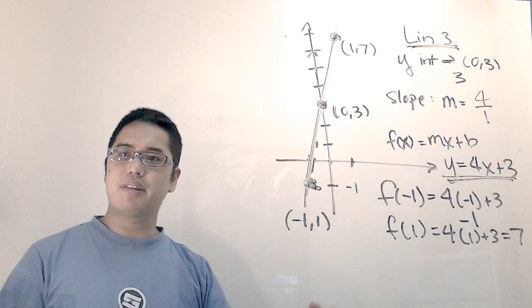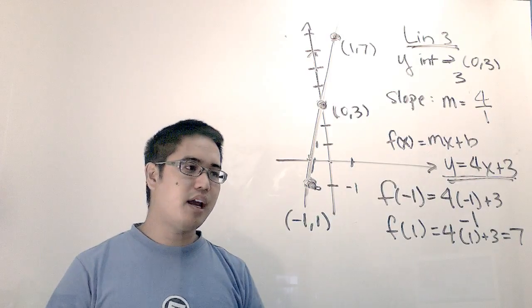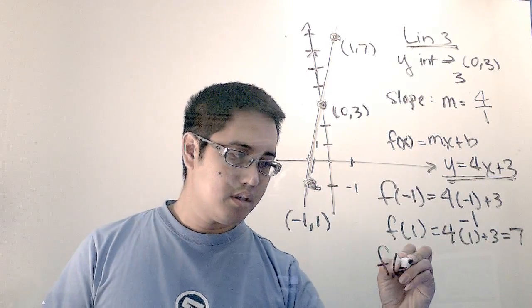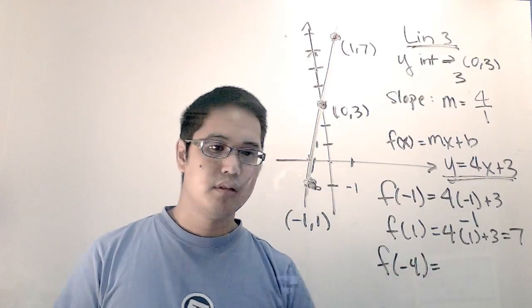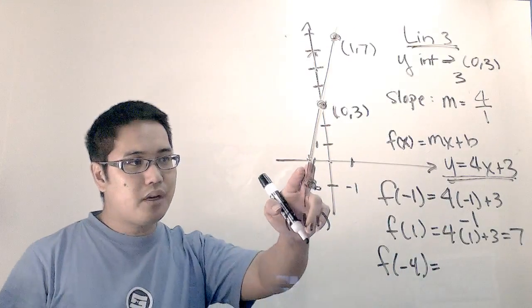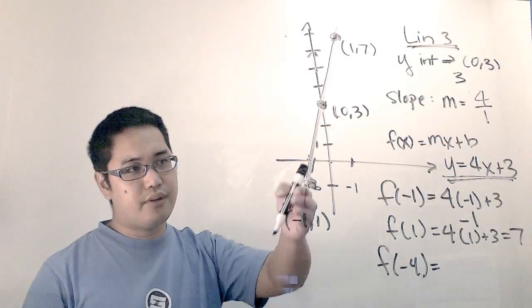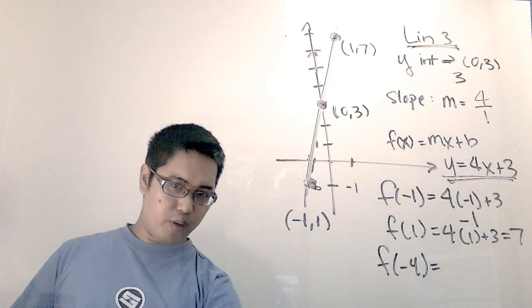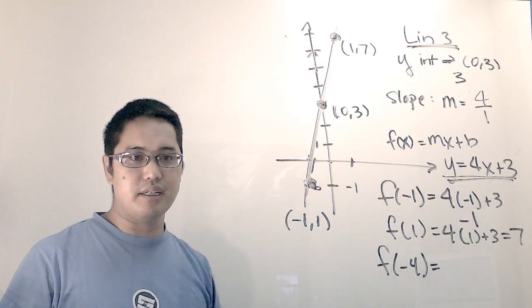But what's nice about the equation is if I asked you, well, what is f of -4? See, the problem is, if I were to do it on the graph, I would have to draw a really long line, and the answer would be way down here, and it would be hard for me to see.